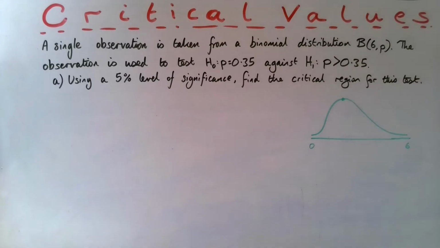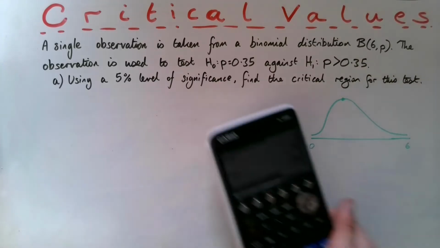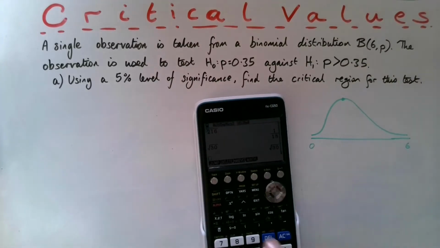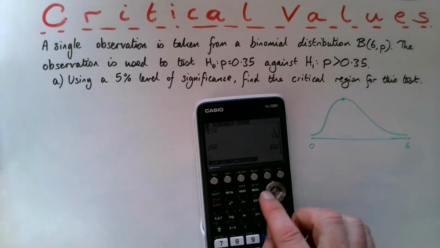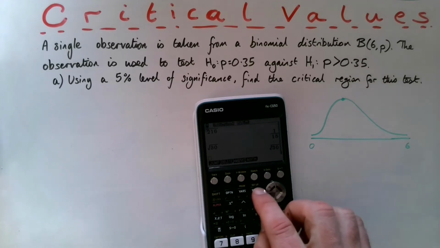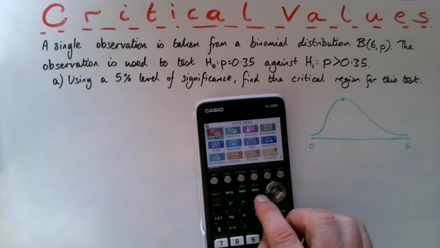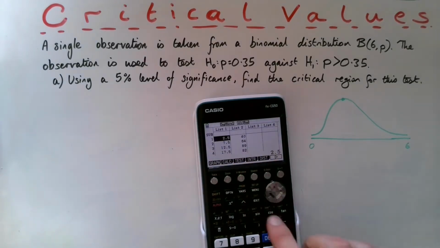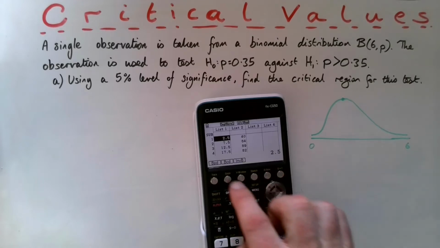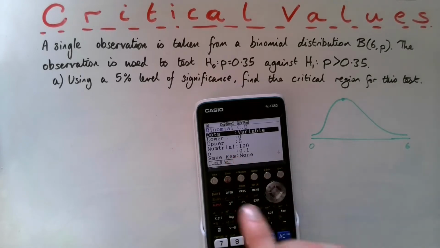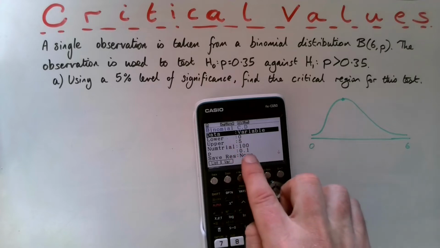So what we're looking at, that doesn't make all that much sense maybe. So let's get the calculator and let's just crunch it through and then we'll put it on the thing. So we need to go to statistics. We need to go to distribution, binomial, and BCD, the cumulative distribution.